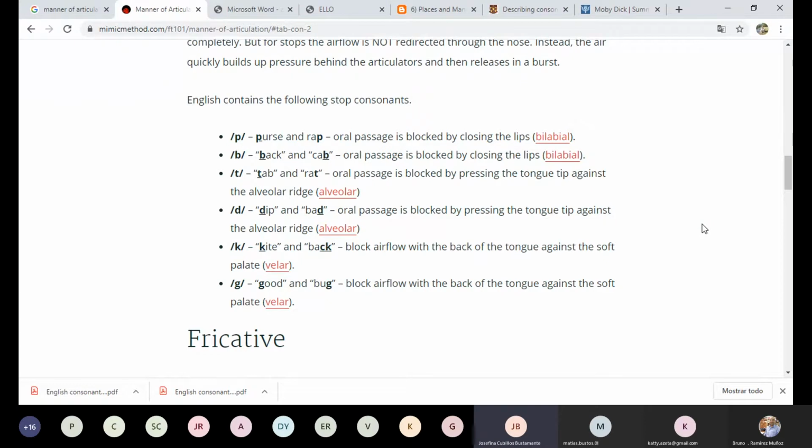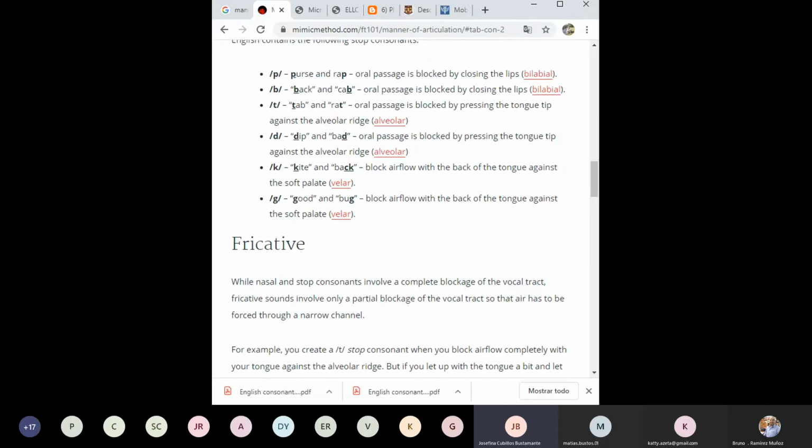Oral passage is blocked by pressing the tongue tip against the alveolar ridge, alveolar. d, deep and bad. Oral passage is blocked by pressing the tongue tip against the alveolar ridge, alveolar. k, kite and back. Block airflow with the back of the tongue against the soft palate, velar. g, good and bug. Block airflow with the back of the tongue against the soft palate, velar.